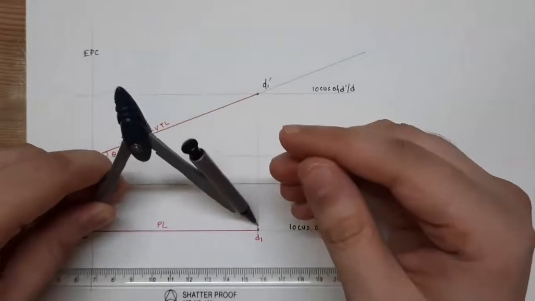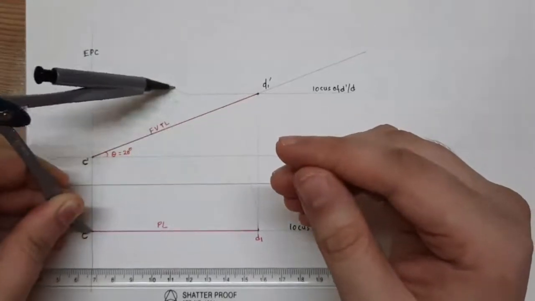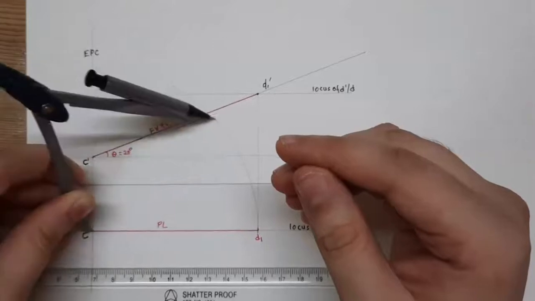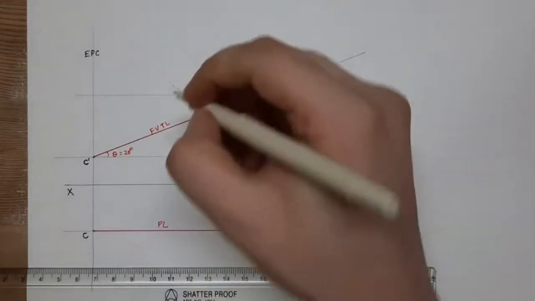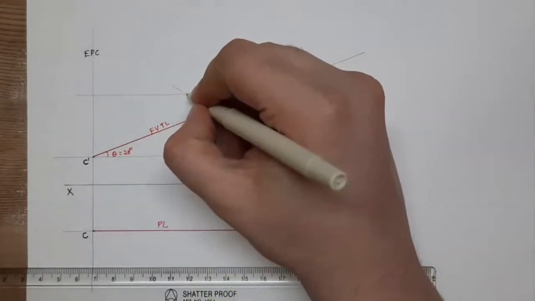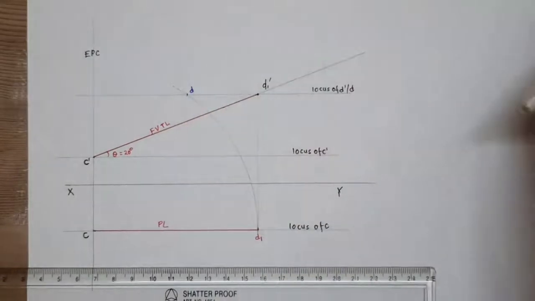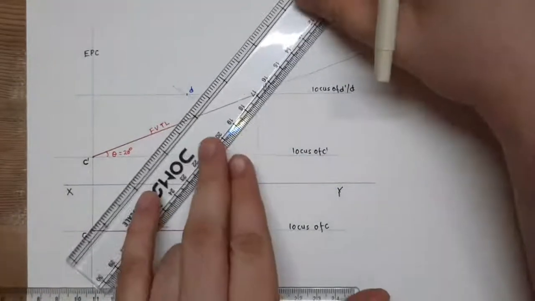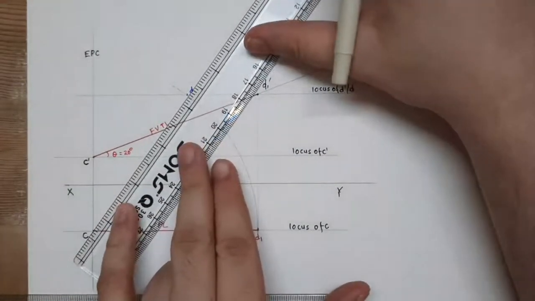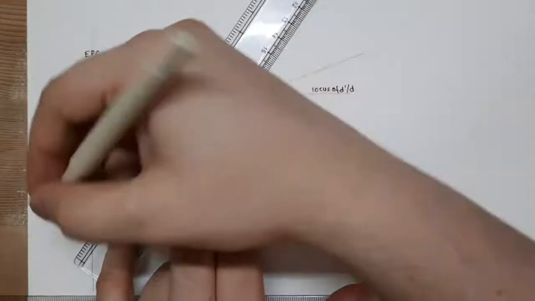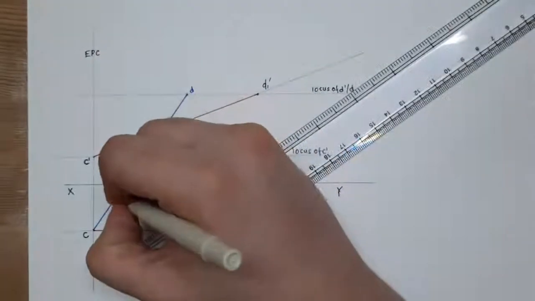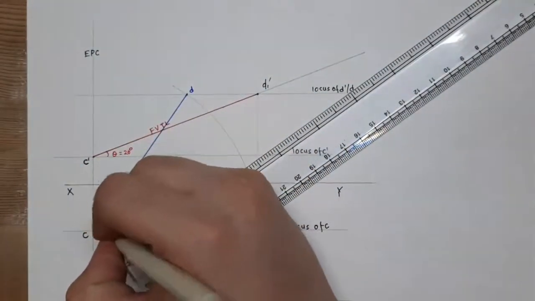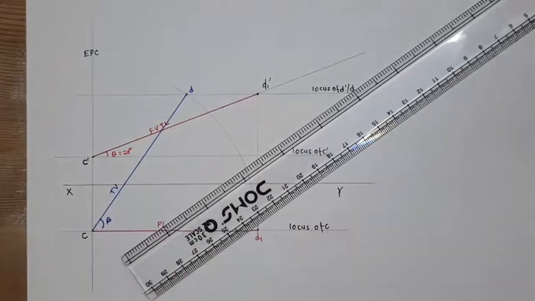I'll be placing my rounder on point C and turning the PL on the locus of D. The new point that I have got is my point D. This is point D, and CD is my top view. This is my top view, and this angle is beta.